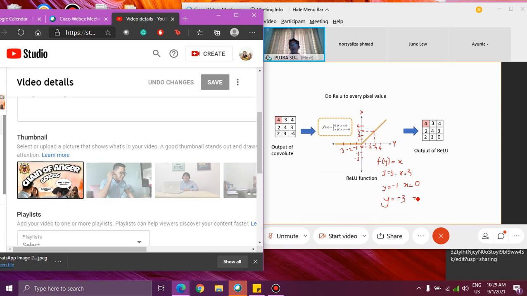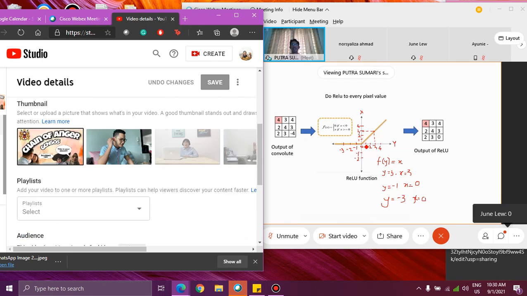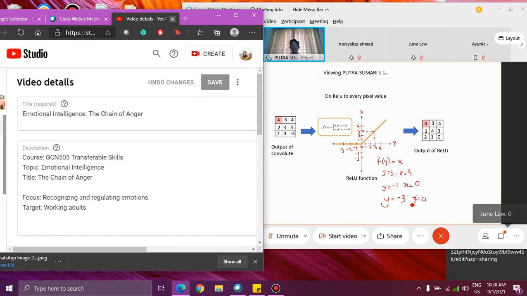So later on when you read it, negative 3 is easy for you. Y is negative 3. X is, anyone? 0. 0, yes. Can? Okay, like this. So if y is negative 3, it becomes 0.